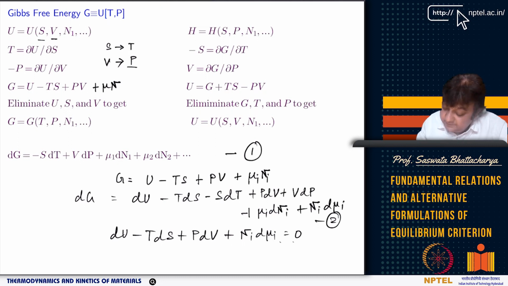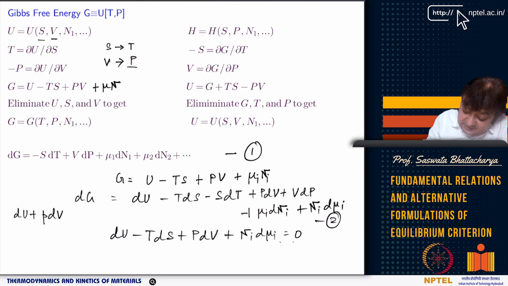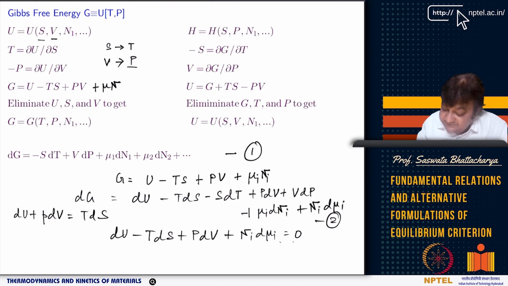Now dU plus P dV, from the first law, combined first and second laws, is nothing but T dS, right? So dU plus P dV minus T dS basically cancels out. So you have ni d mu i equal to 0.